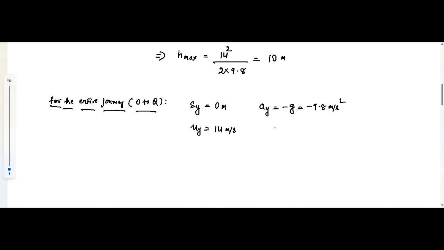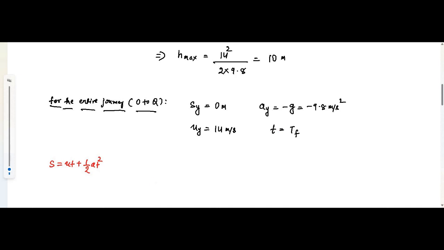For the total duration, we have to consider the time of flight, because we want to calculate time of flight. And now we have to use this equation of motion. S is equal to ut plus half at square. Here we'll make these substitutions.